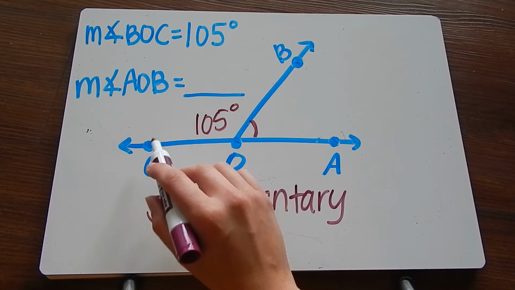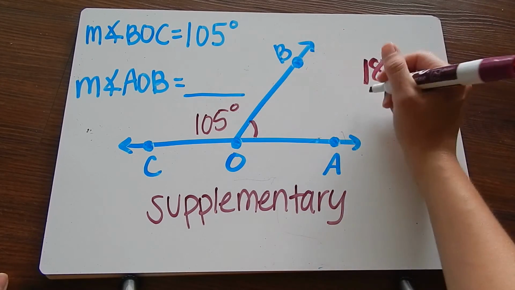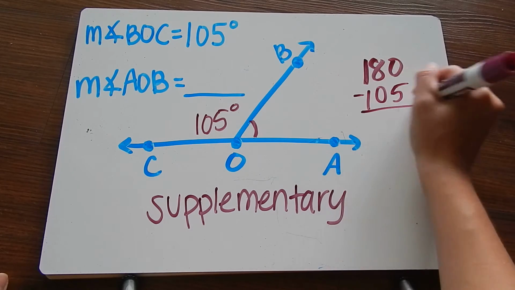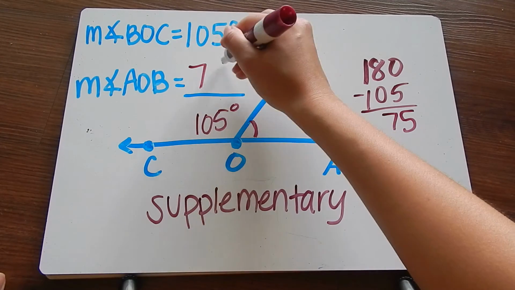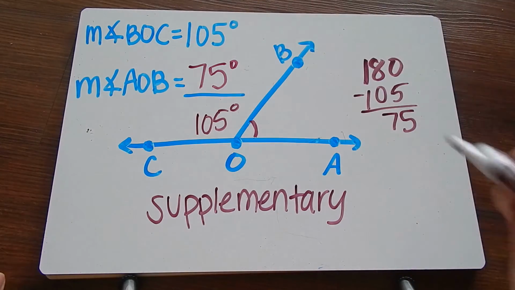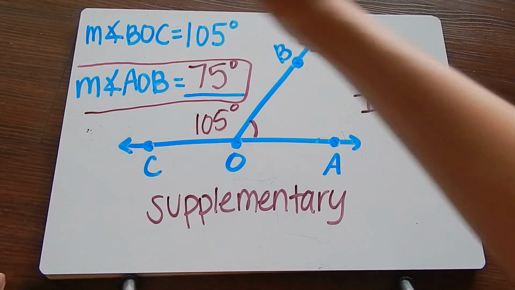So this whole thing is 180. We know this 105 piece, we want to figure out the rest, so we just subtract and we get 75. So my answer here is 75 degrees. That's the measure of AOB.